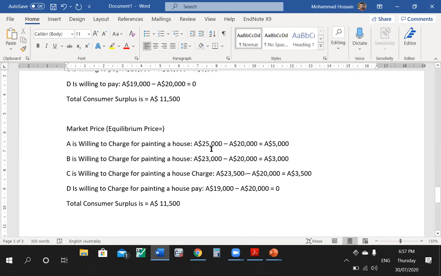Let's say someone said that he's going to charge $1,000. A is going to charge $1,000. B is willing to charge for painting a house, let's say, $1,300.